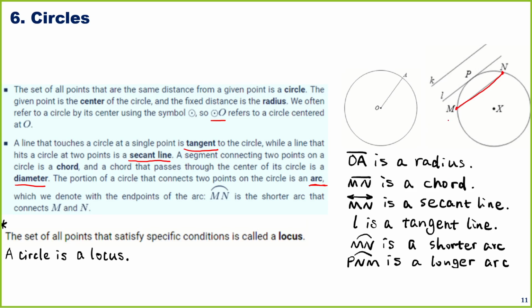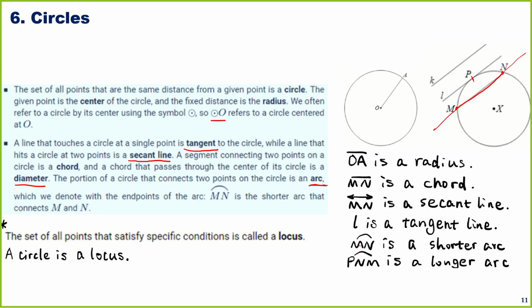And line MN, if you consider MN is a line, then line MN is a secant line because there are 2 points of intersection with the circle, right? And line L, because line L only has 1 point of intersection with the circle at P. So here, line L is called the tangent line of that circle.